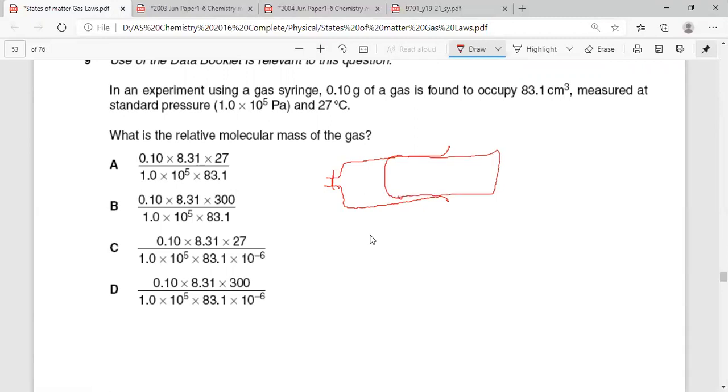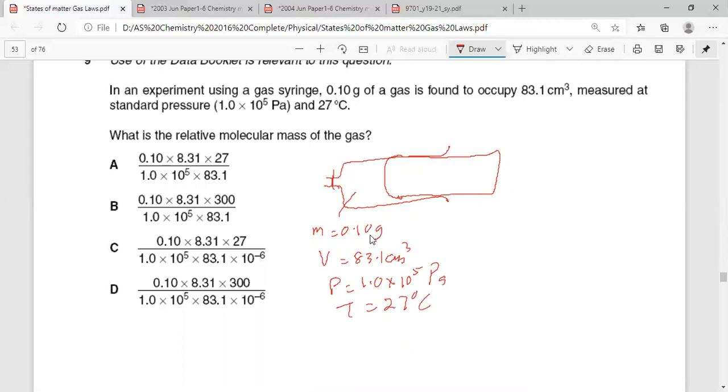The mass of the gas here is equal to 0.10 grams. The volume is equal to 83.1 cm cube. Pressure is 1.0 times 10 to the power of 5 pascals. Temperature is equal to 27 degrees centigrade.